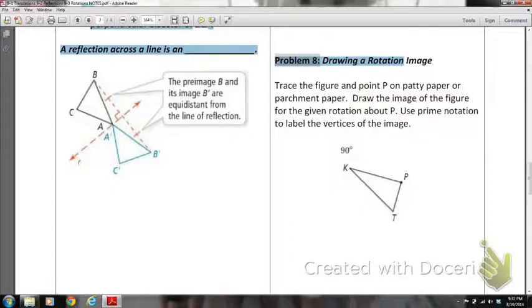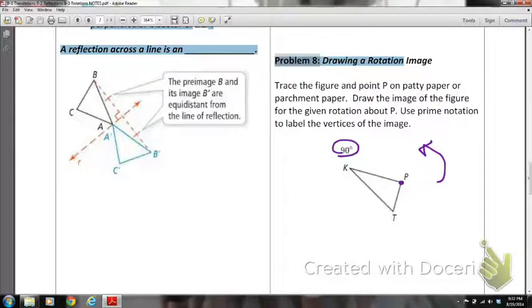The task is to draw the image of the figure for the given rotation about point P. Point P is where we're going to rotate it about, and the given rotation is 90 degrees. If it doesn't state otherwise, it means counterclockwise. So that means that you're going to rotate it to the left.